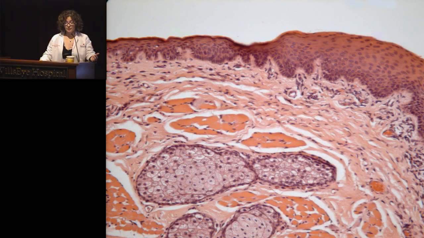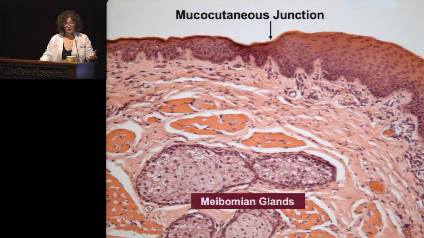And in contrast, the mucocutaneous junction actually overlies directly the openings of meibomian glands. And you can recognize meibomian glands by lobular arrangement with a peripheral layer of germinative cells that look blue, and then they mature to these sebocytes that have central nuclei and abundant vacuolated cytoplasm.